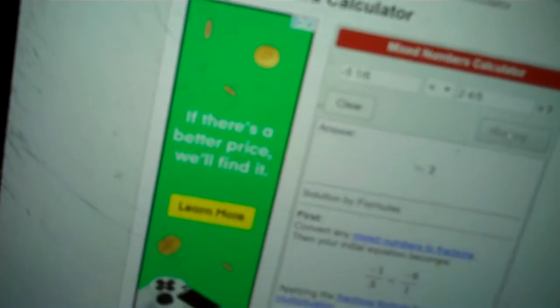You got to get the space after the whole number. Okay, -1 and 71/84. Now, to get that answer without that calculator, first you'd have to make both of these into mixed numbers.